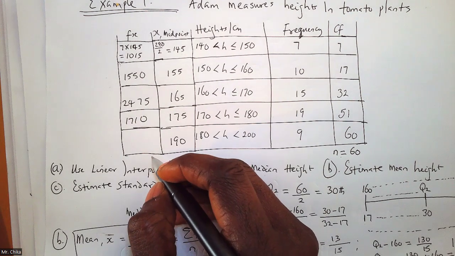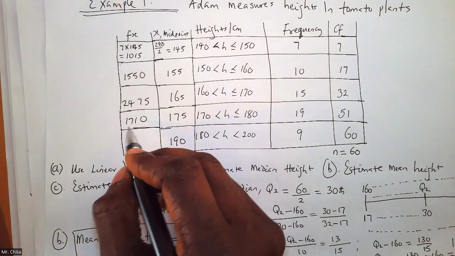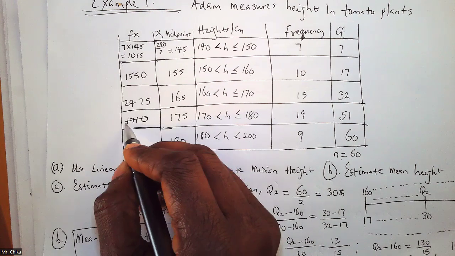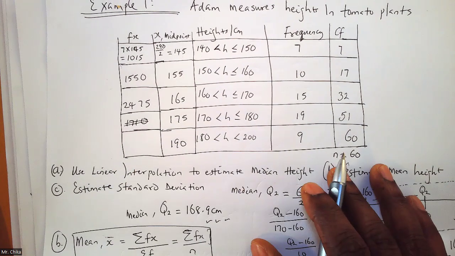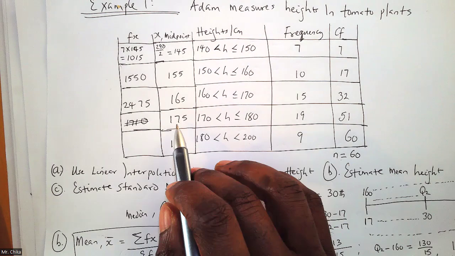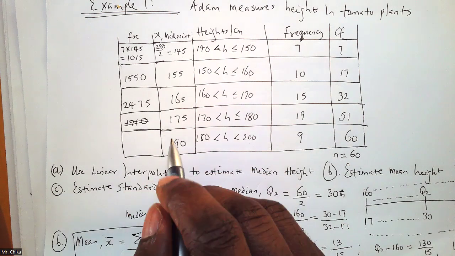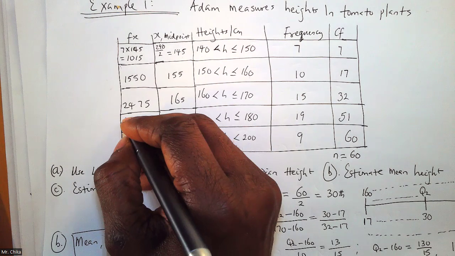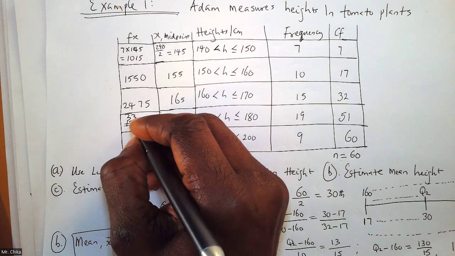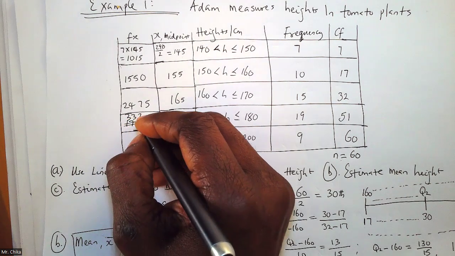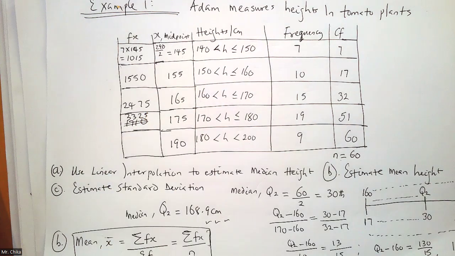And I jumped a step there, sorry. So you've got to be careful. I jumped a step. 19 times that won't give you that. It will give us a bigger number, 3325.